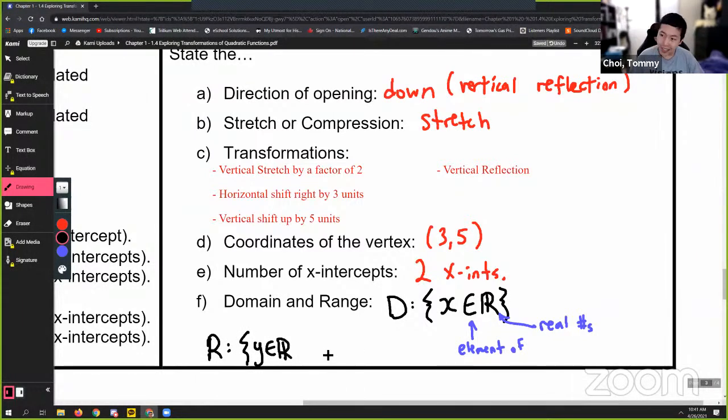X and y are an element of real numbers. What that tells us is that x is any number from negative infinity to infinity. That's all it's saying. So you don't have to know the intricacies. I'm not asking you to remember the intricacies. Just remember, I should start my domain and range like this, because this tells me that it could be any number, right? The parabola goes on forever. It could be any number.